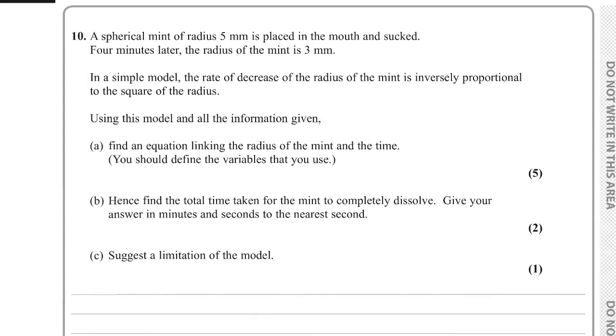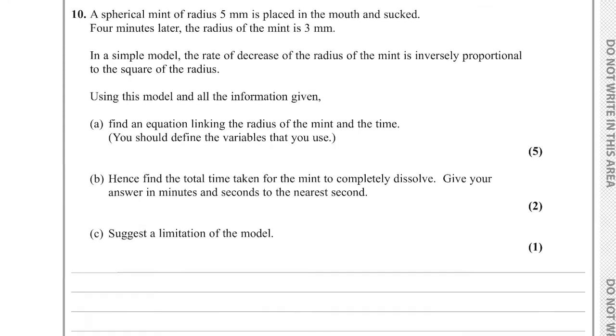Next question, question 10. It's a spherical mint of radius 5 millimeters placed in the molten sack. 4 minutes later, the radius is 3 millimeters. In a simple model, the rate of decrease is inversely proportional to the square of the radius.